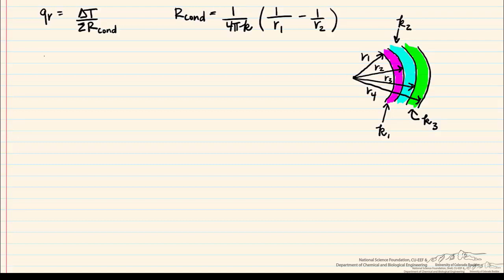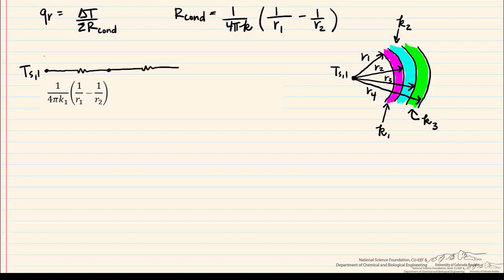So let's set this up as a thermal circuit, starting with the surface at r1. So we have our T_s1, which is that temperature. And the first thermal resistance it runs into is 1 over 4 pi k1 multiplied by (1/r1 minus 1/r2).